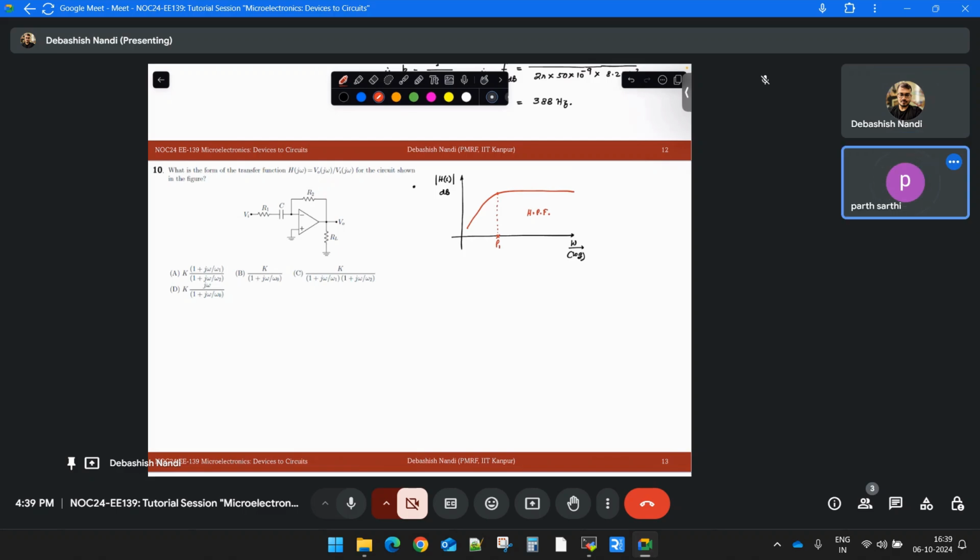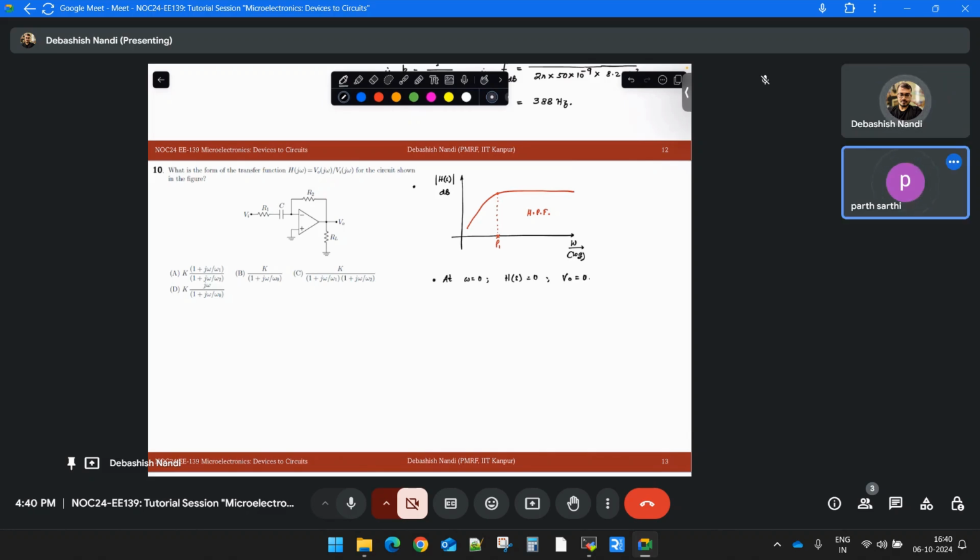So now the nature of a high pass filter is that at zero frequency, the output is zero. At omega equal to 0, H of s is 0, and thus your output is 0.